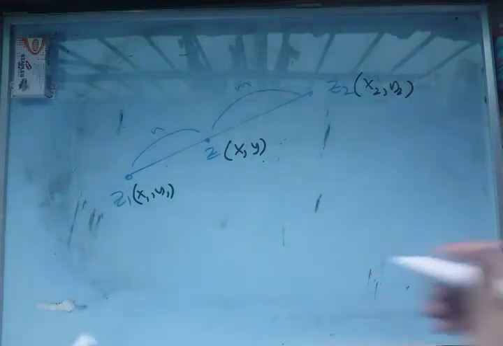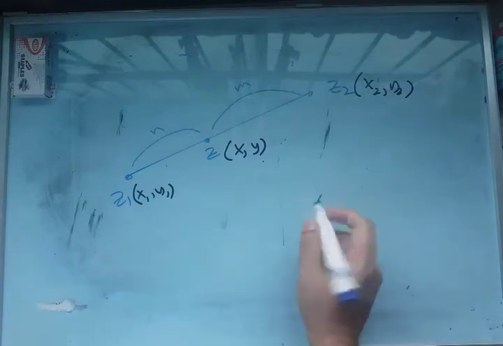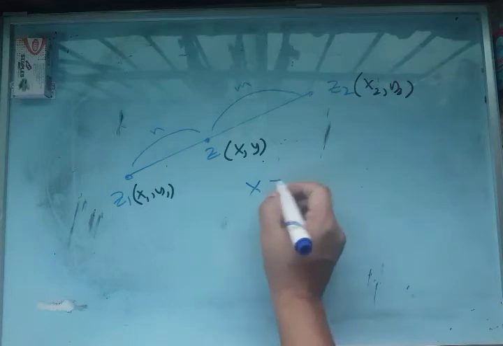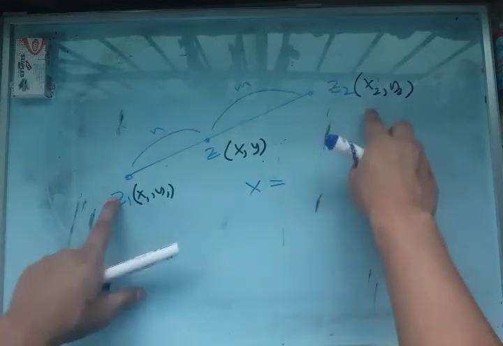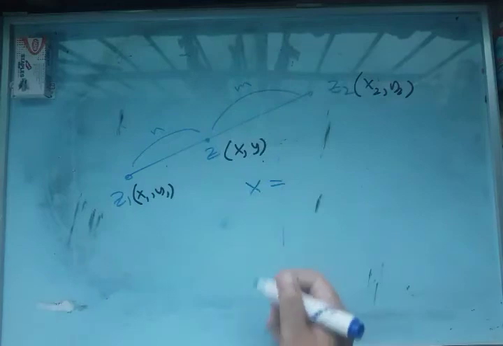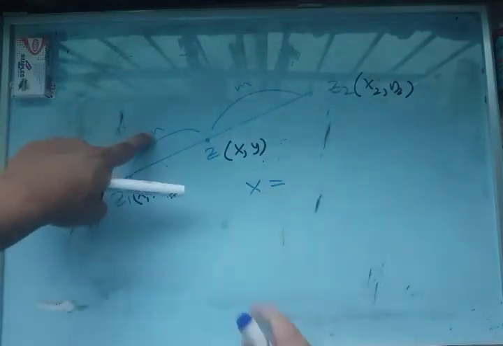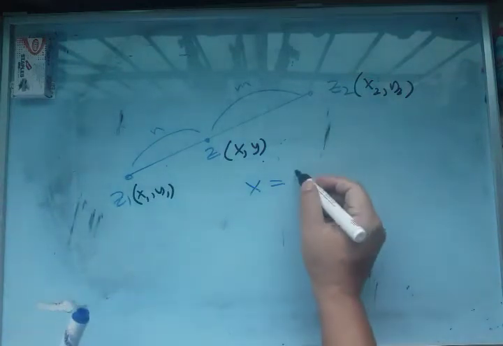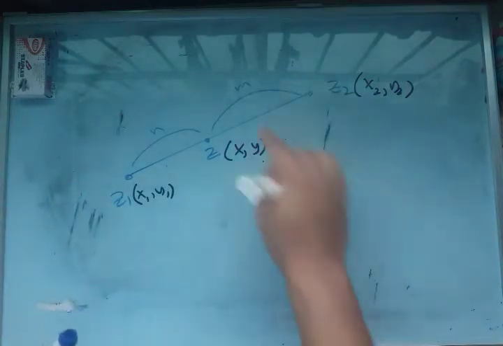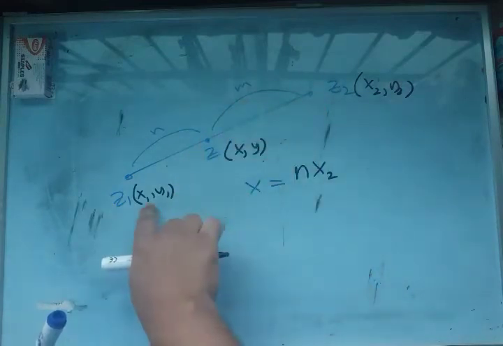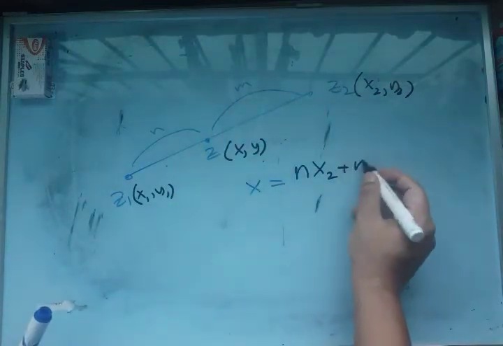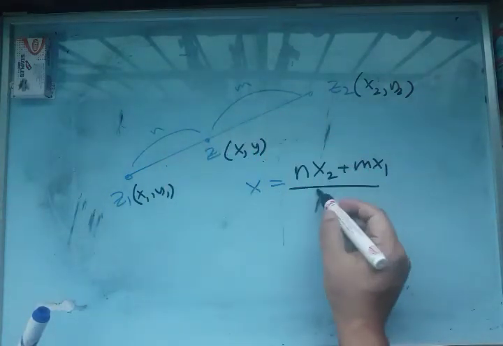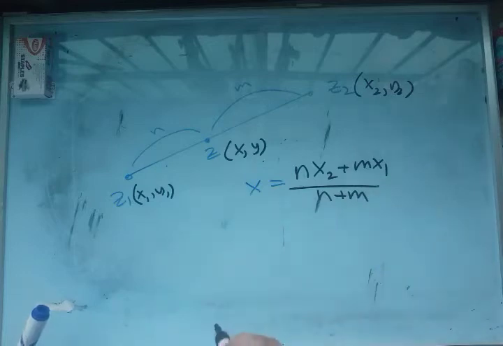Now from coordinate geometry, you know that the x coordinate can be written by using these two coordinates and this ratio. How to do it is this ratio multiplied by this coordinate, n multiplied by x2, this ratio multiplied by this x coordinate, m x1, divided by the addition of the ratios, n plus m.